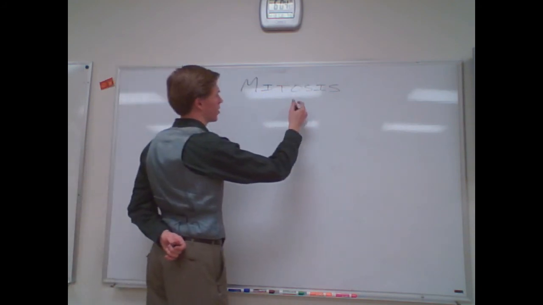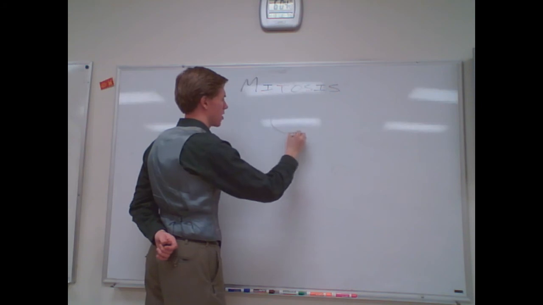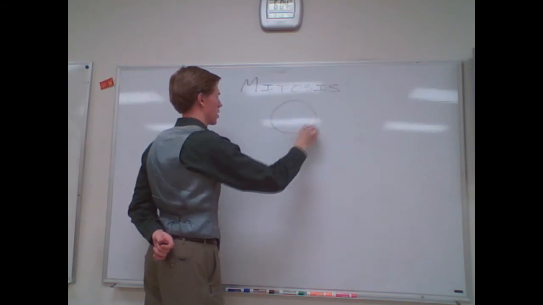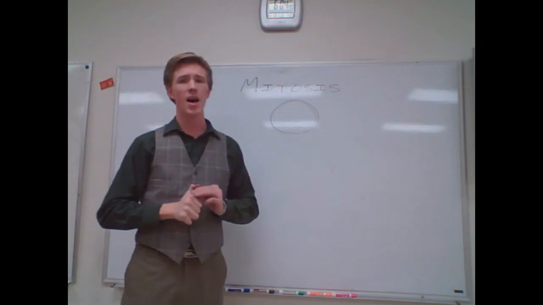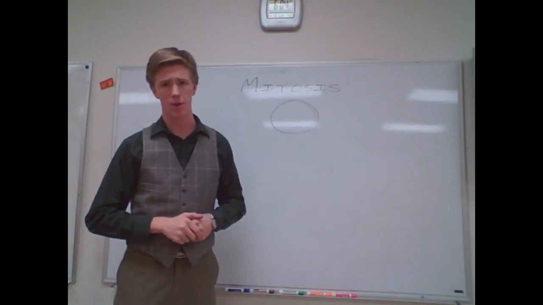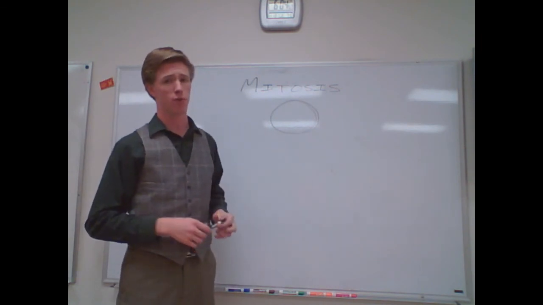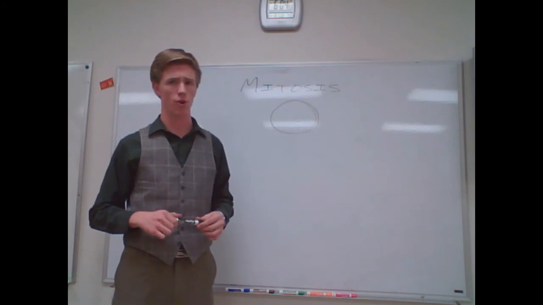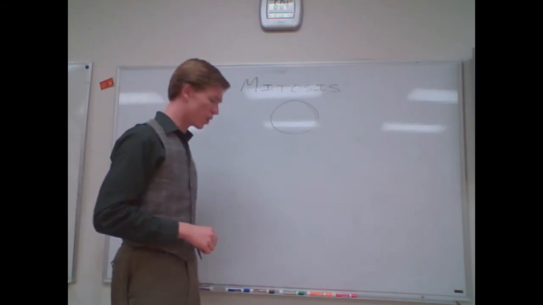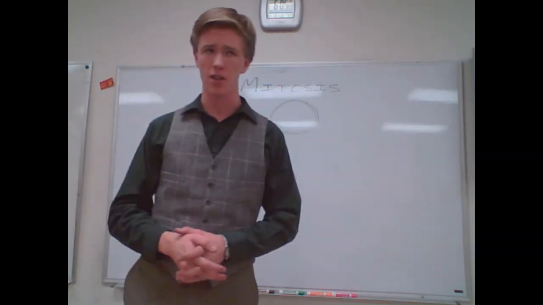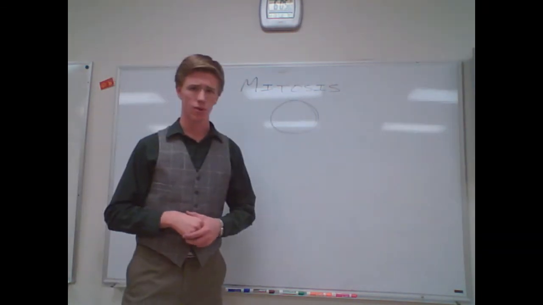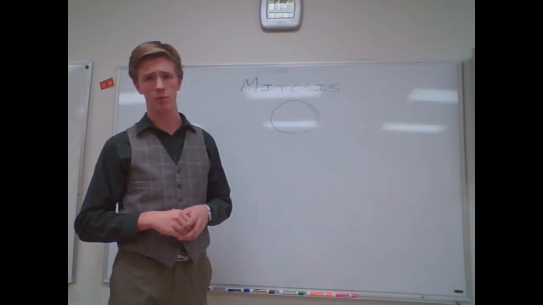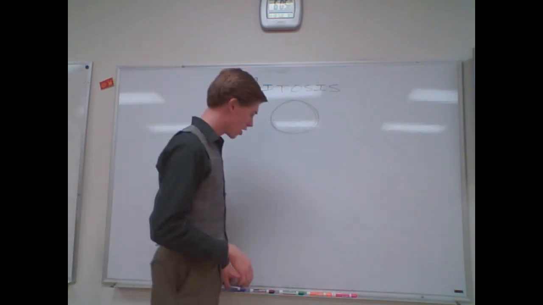So we start off with that cell that has 46 chromosomes in the middle. I am going to simplify things a little bit though, because I don't feel like drawing 46 chromosomes over and over and over. We're going to make this a creature that has 4 chromosomes, or two pairs of chromosomes, one from its mom, one from its dad.